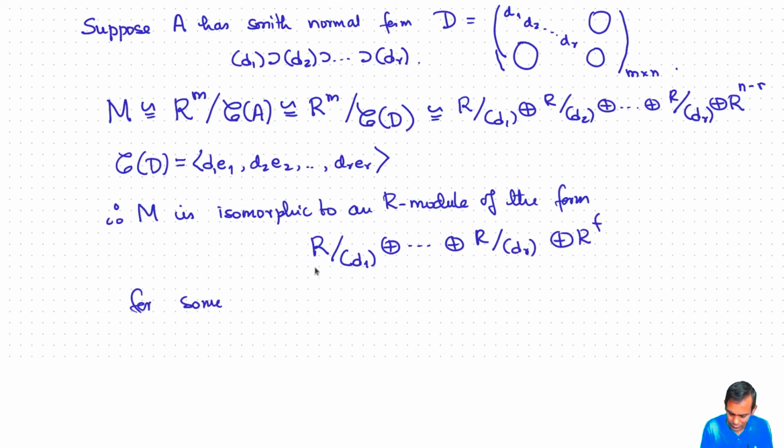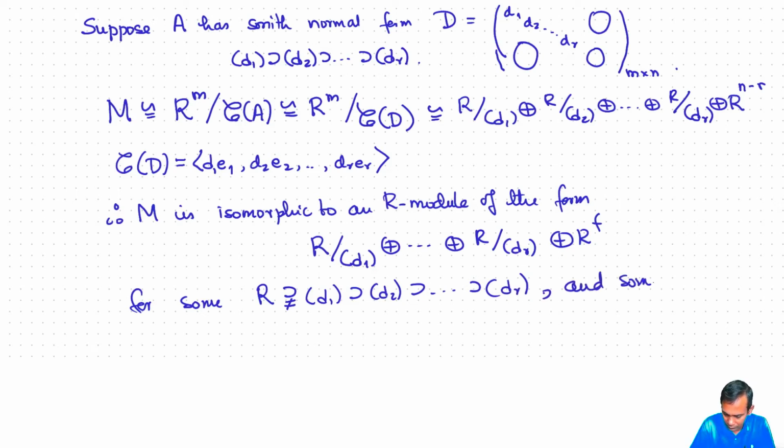I have just disregarded the d_i's that are units, and so we have that this is a proper ideal: d1 contains d2 contains ... and so on.